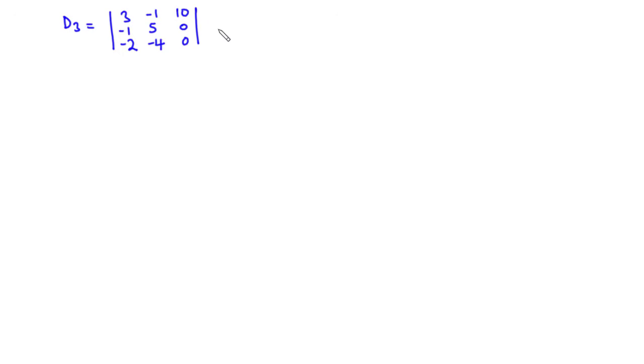Let's try to find the determinant of this matrix. So we select 3, we cancel out row and column containing 3. 0 times 5 is 0, minus -4 times 0 is still 0. So minus -1. We cancel out row, column. 0 times -1 is 0, minus -2 times 0 is still 0, plus 10.